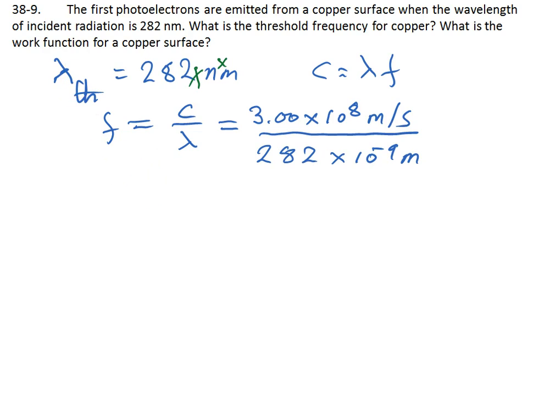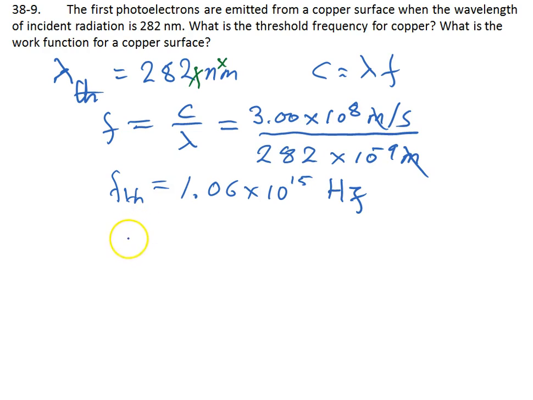We calculate the number and we will have the threshold frequency. 1.06 times 10 to the 15 per second, because the meters cancel with one another, which per second can also be written as hertz. The second part of the question asks what is the work function for a copper surface.